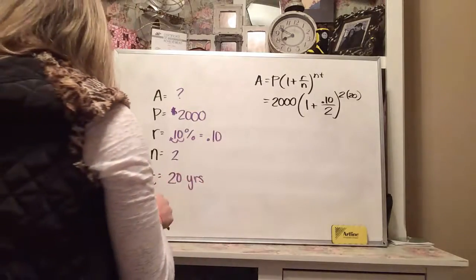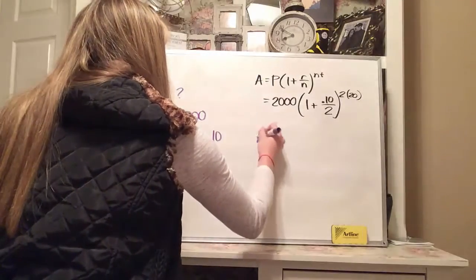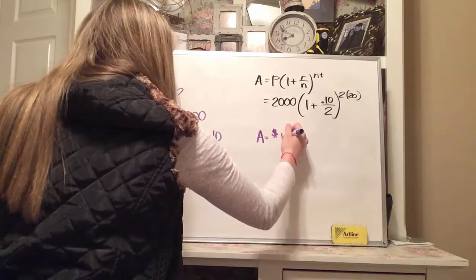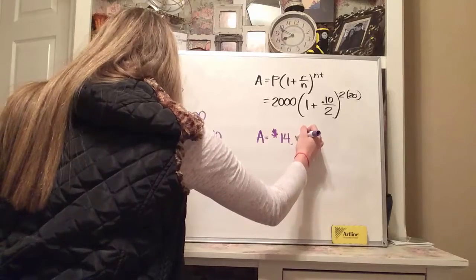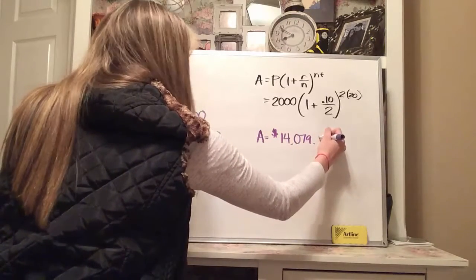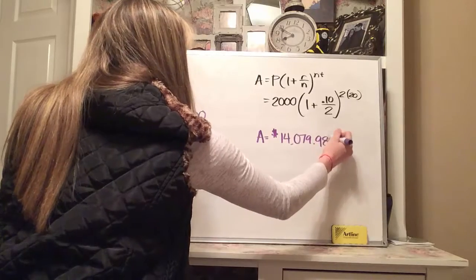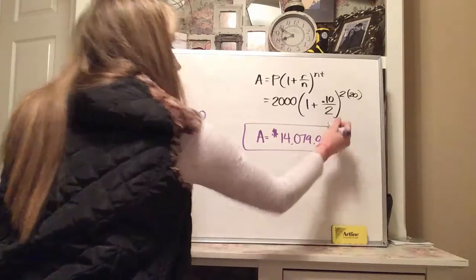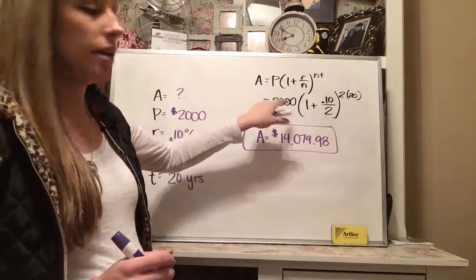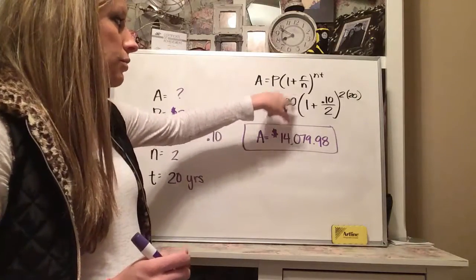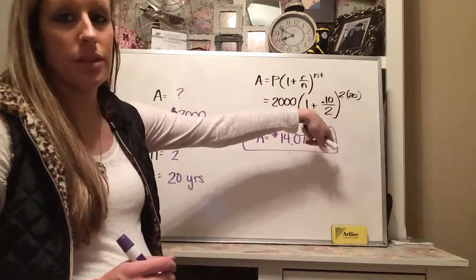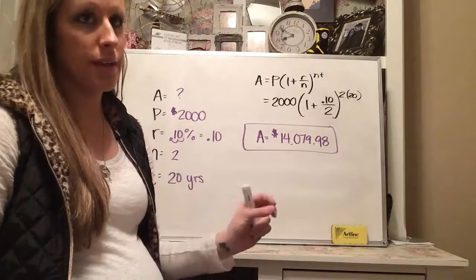So you should get that the amount after 20 years is $14,079.98. Okay, if you did not get that amount, you need to check how you put this in your calculator. Should be 2,000, parentheses 1 plus 0.10 divided by 2, close parentheses, 2 times 20 in the exponent.